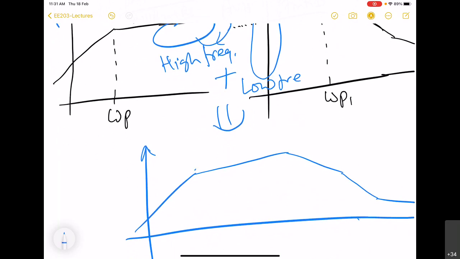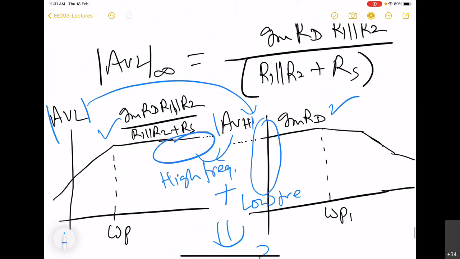So the question will arise, what is this value, right? Because in both the cases we have different numbers. Here we have something else, here we have something else. So this is happening because actually we did not consider exactly the same circuit for both the responses.